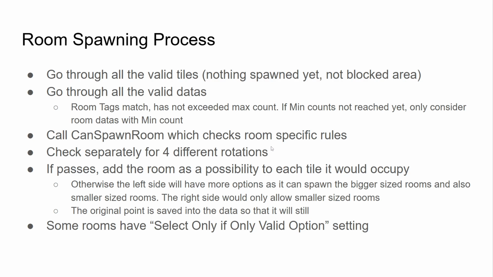Can spawn room will check the specific rules, like if there are windows or anything like that, doors, and the neighborhood boxes and stuff like that. And I check it separately for the different rotations.